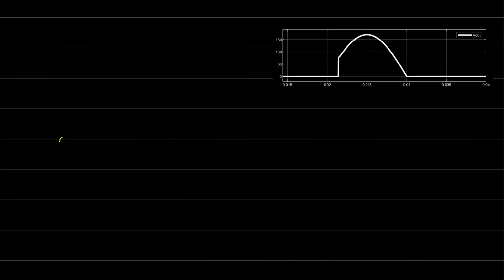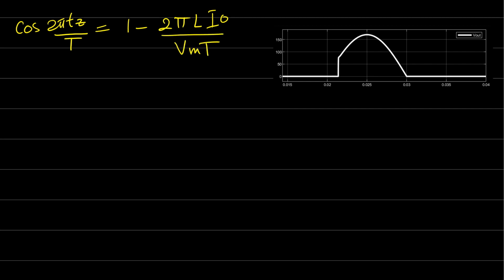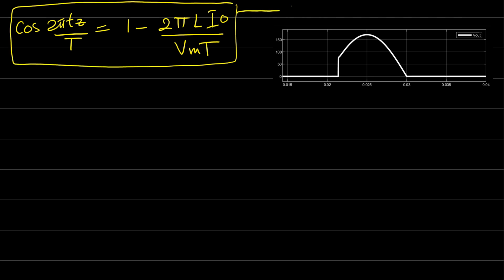The equation that we obtained, as we said, is cosine 2 pi Tz over T is equal to 1 minus 2 pi L I output over V maximum times T. We can say that this is equation number Z, for example, and this equation number Z is for the half-wave single-phase rectifier.